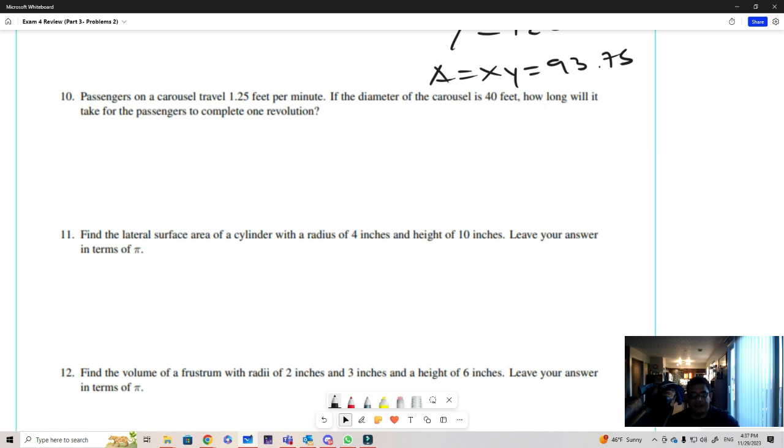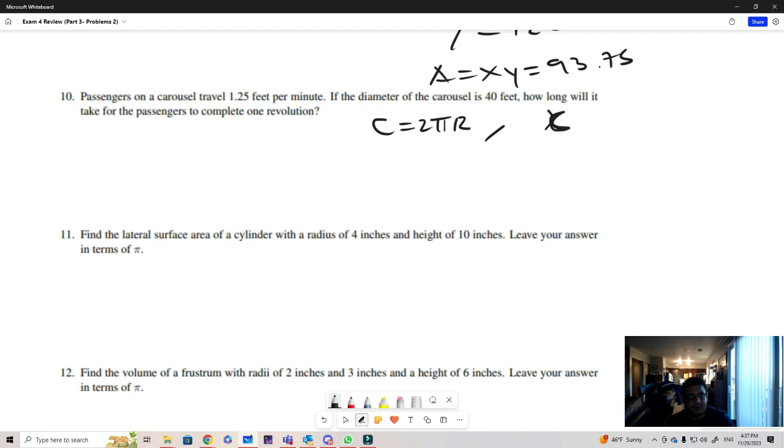The diameter of the whole carousel is 40 feet, so that means that the radius is going to be 20. So the length of the circumference, if you remember, is 2 pi r. So the circumference is going to be 2 pi times 20. So it's going to be 40 pi, which I compute in the calculator is 125.66 feet.